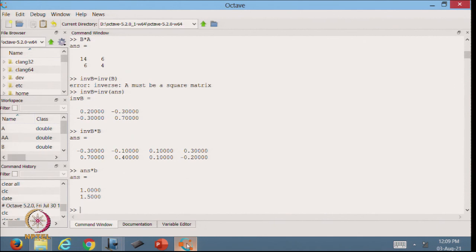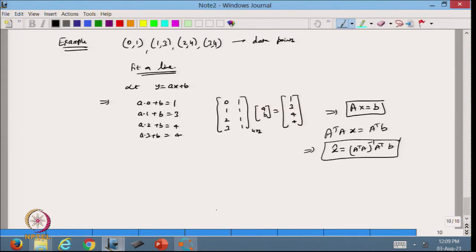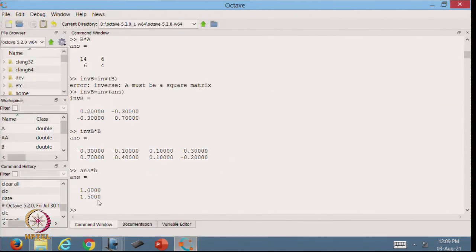So, from here you can see that A is 1 and B is 1.5. Now, my x bar is coming 1 and 1.5. You can see from here 1 and 1.5.